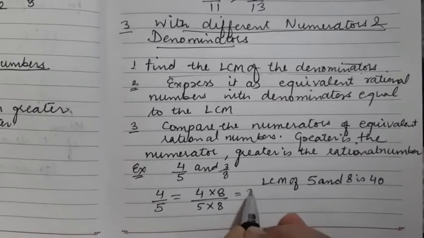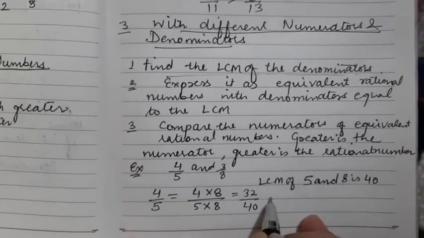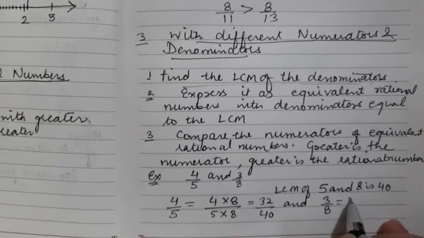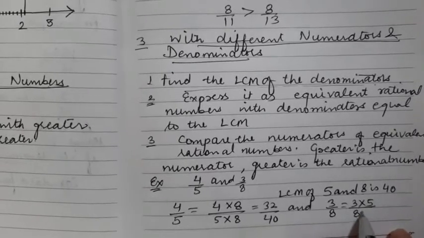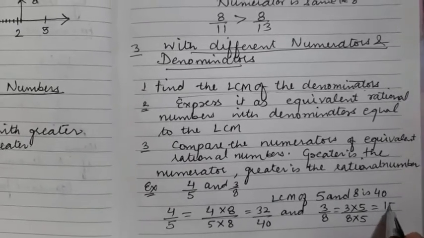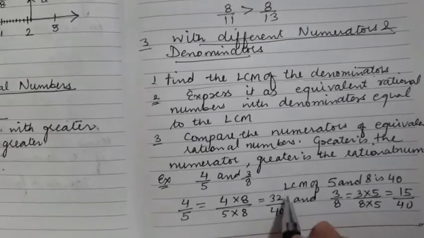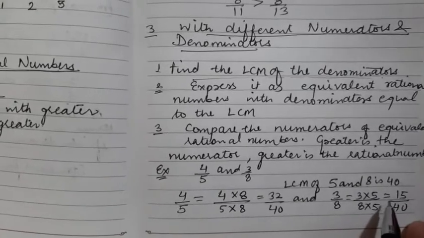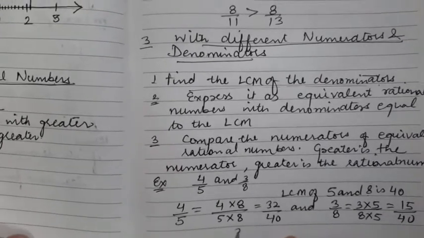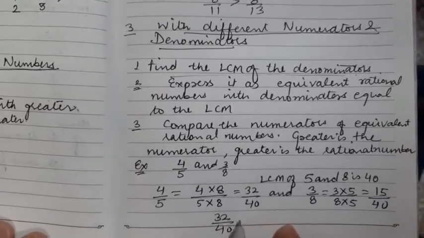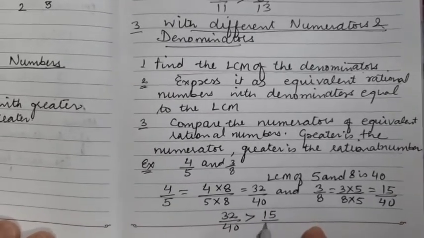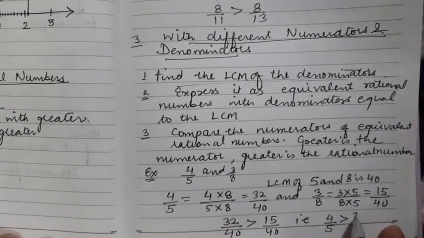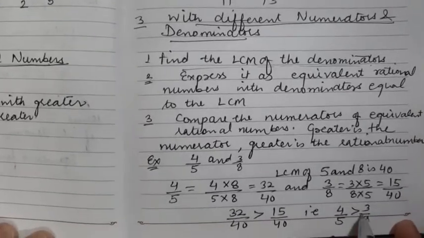This becomes 32 over 40, and 3 by 8, here to get 40 we have to multiply by 5. 3 into 5 is 15, 8 into 5 is 40. So we get two equivalent numbers, 32 by 40 and 15 by 40. So 32 by 40 is greater than 15 by 40, that is 4 by 5 is greater than 3 by 8. Thanks.